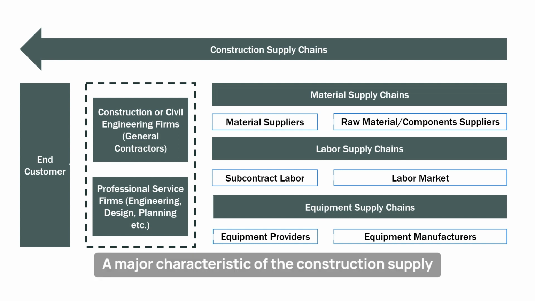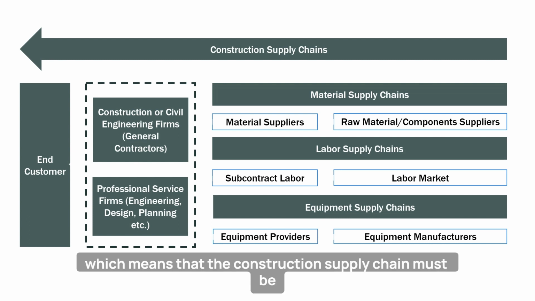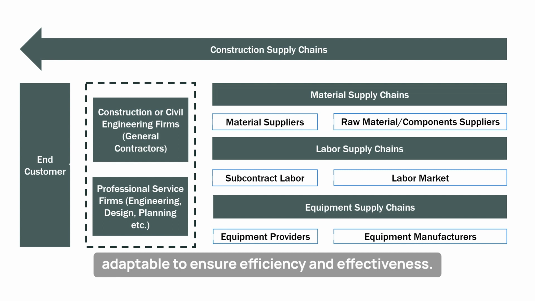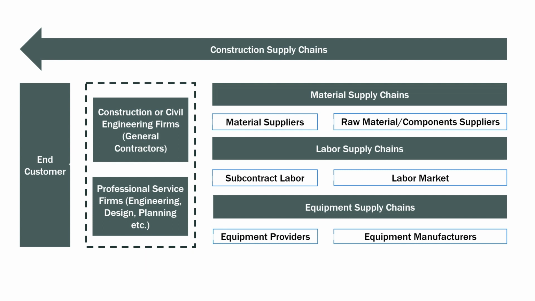A major characteristic of the construction supply chain is that each client has unique requirements, which means that the construction supply chain must be adaptable to ensure efficiency and effectiveness.